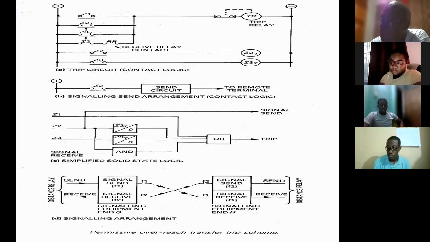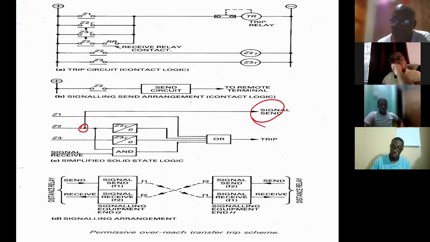So the instantaneous zone 2 is what is sending the signal. That's the main difference between the overreach.